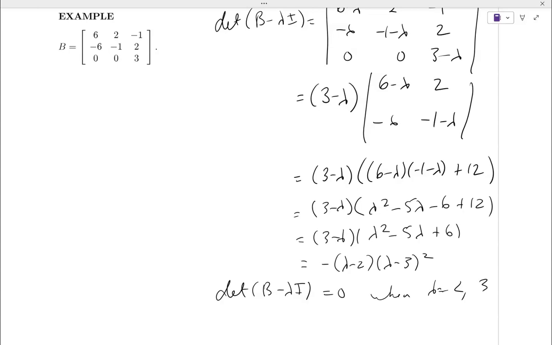So if I flip back over to our calculator again, let me just enter the matrix B. Edit the matrix B. It's a 3 by 3: 6, 2, negative 1, negative 6, negative 1, 2, 0, 0, 3.